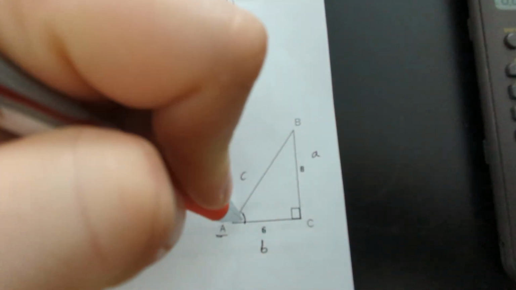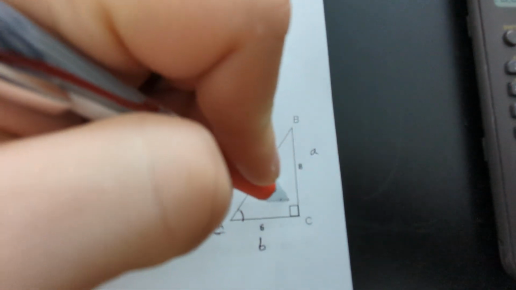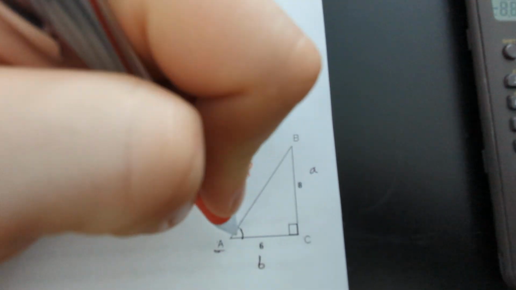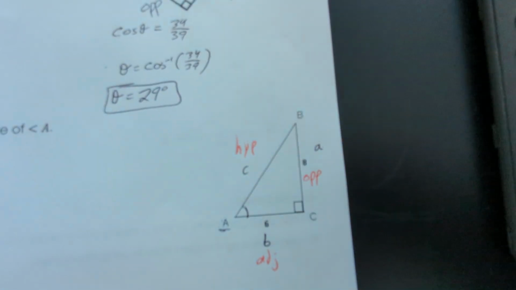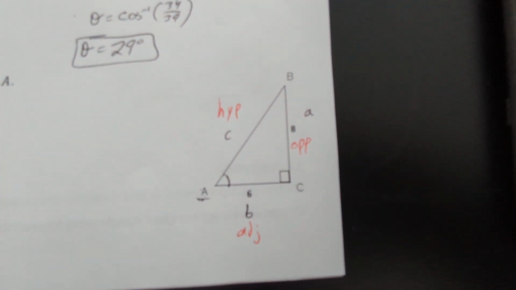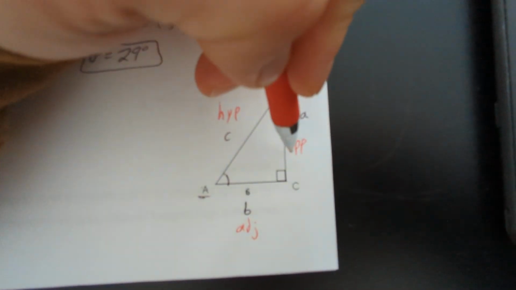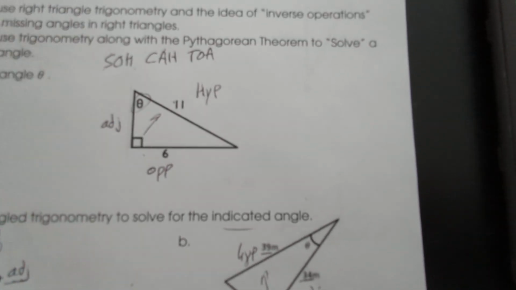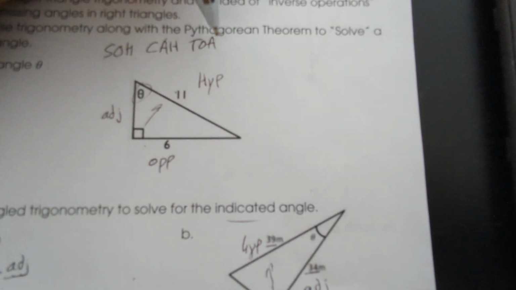Okay, so if we're labeling based on angle A, again, across from the right angle is hypotenuse. And then across from the angle we're looking for is our opposite. And then our last one is adjacent. Here we know opposite, we know adjacent, so we want to use the ratio that uses opposite and adjacent, which is tan.